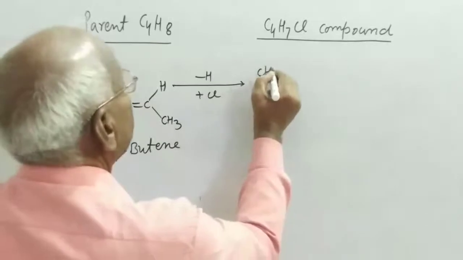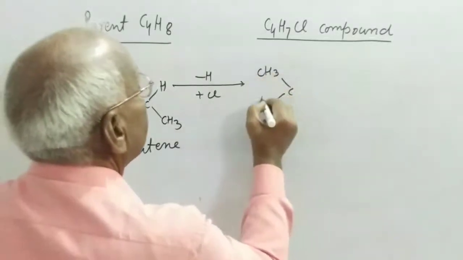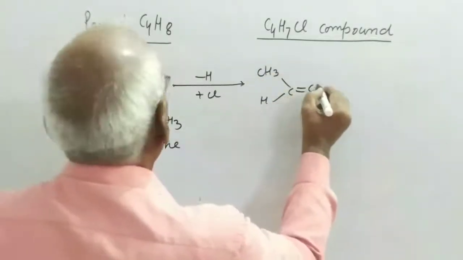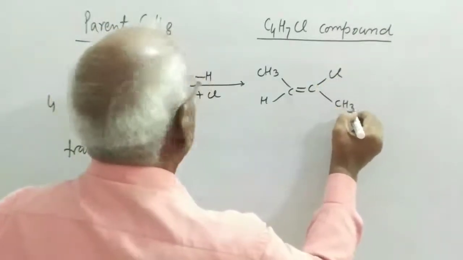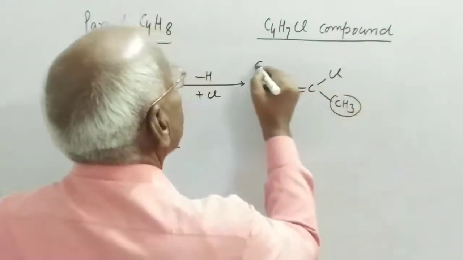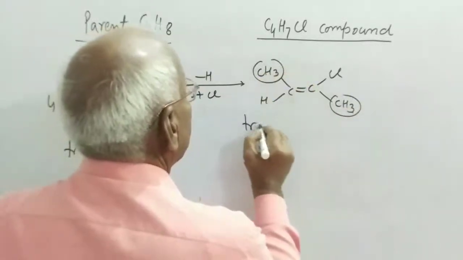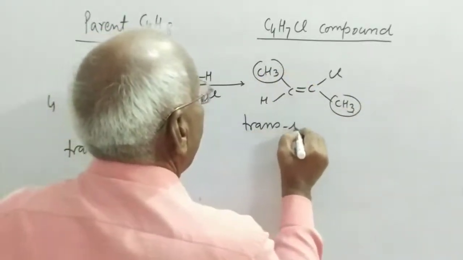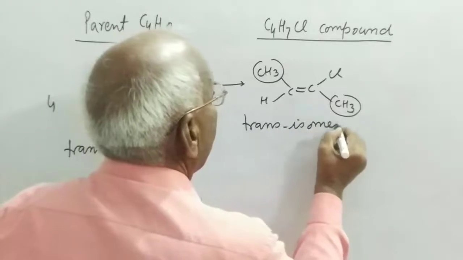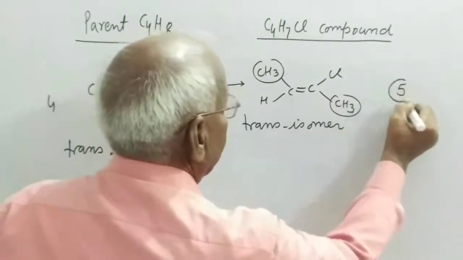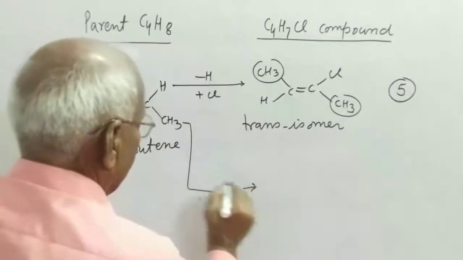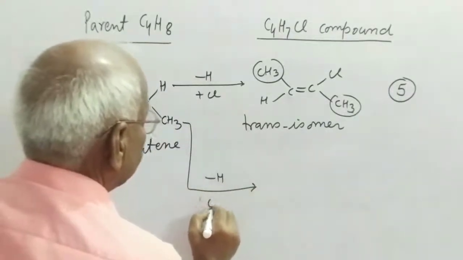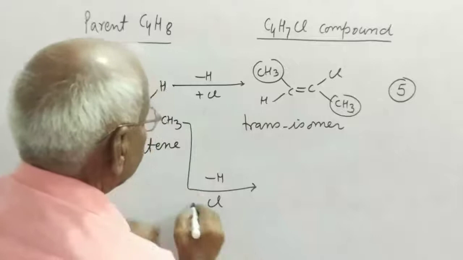So we get CH3, CH double bond C, Cl, CH3. This is the trans isomer. Label it 5. And now replace the hydrogen from the methyl group by Cl.